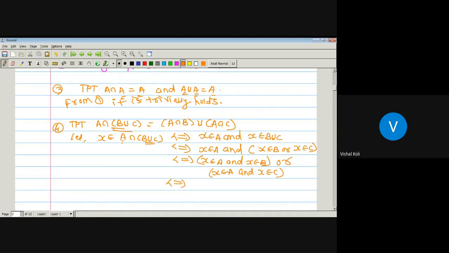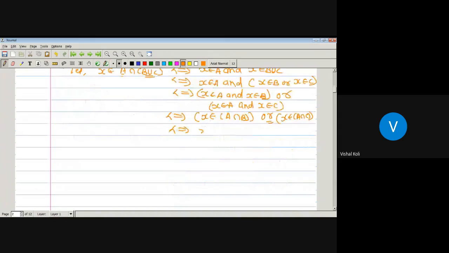Okay, now X is belonging to A and X is belonging to B. As here X is an element which is a member of both the sets A and B, therefore it must be in its intersection, which implies X belonging to A intersection B, or again X is belonging to A and X is belonging to C, which implies X is belonging to A intersection C. Now here X is belonging to A intersection B, or X is belonging to A intersection C. Then by the definition of union, as X is a member of A intersection B or it is a member of A intersection C, then X is belonging to (A intersection B) union (A intersection C).